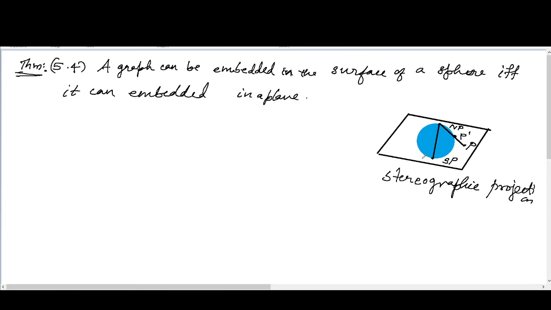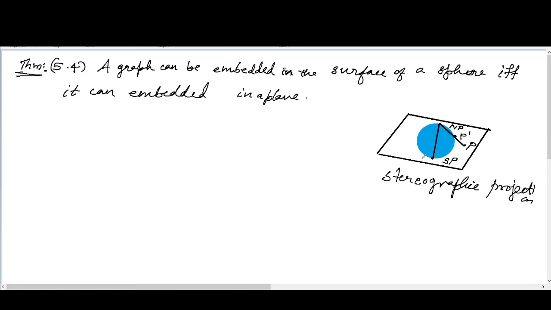At point SP, draw a straight line perpendicular to the plane and let the point where this line intersects the surface of the sphere be called NP, the north pole.